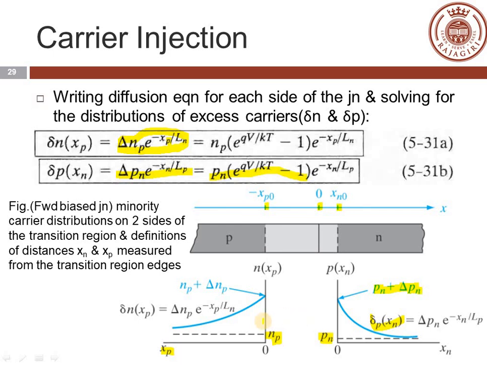Similarly, at the p side, np plus capital delta Np is the initial value. This np is constant, and capital delta Np will decay. The instantaneous value of excess carriers, small n of xp, equals capital delta Np e to the power minus xp by Ln.